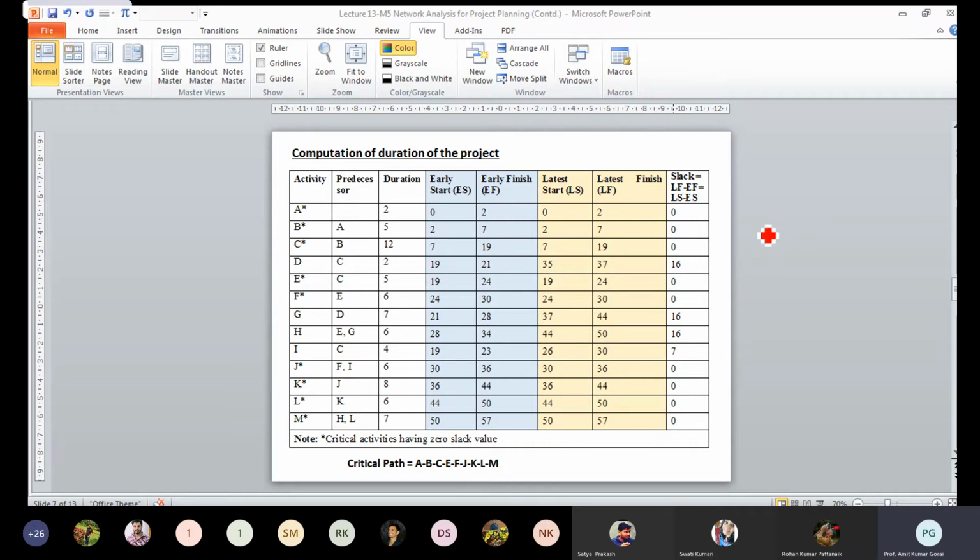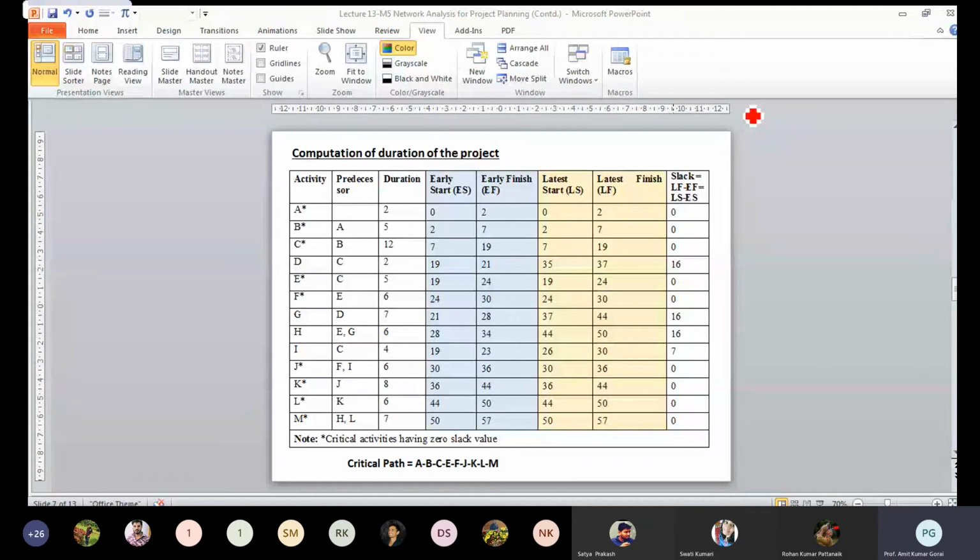We can calculate the slack value from this equation. The activity having 0 slack has zero total float value, which we discussed in the earlier class. This is the total float value.